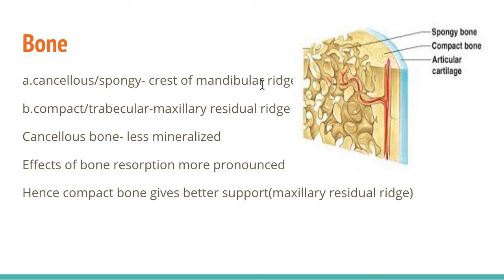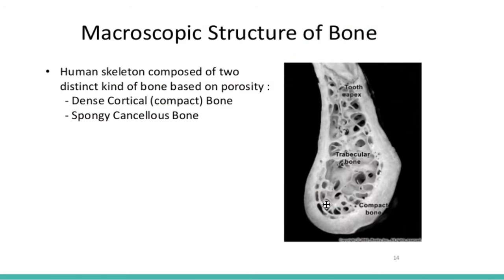The crest of the mandibular ridge is composed of cancellous bone, whereas the crest of the maxillary ridge is composed of the compact bone. Just to show you an image. This is not how the maxillary or mandibular ridges look, but you can see the difference between the cancellous bone and the compact bone.